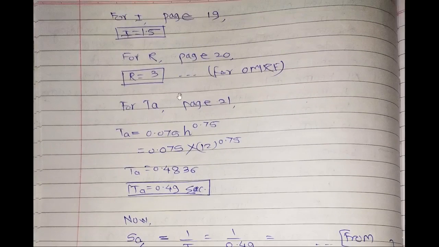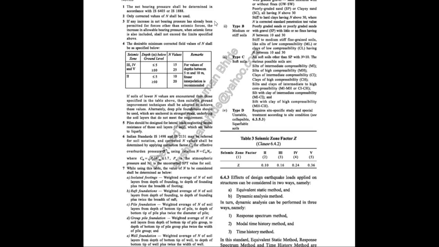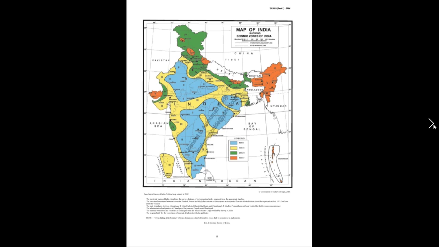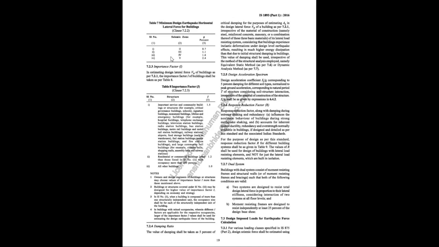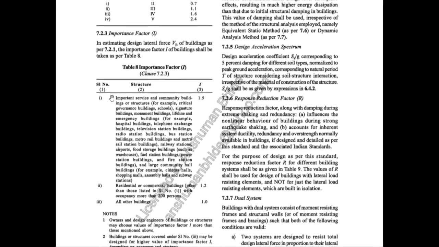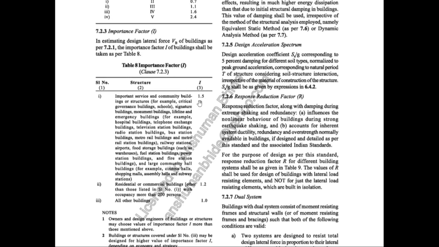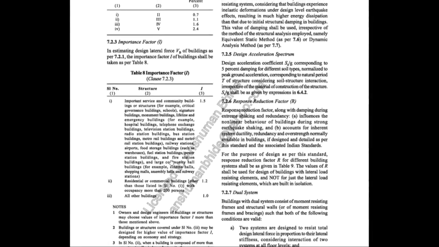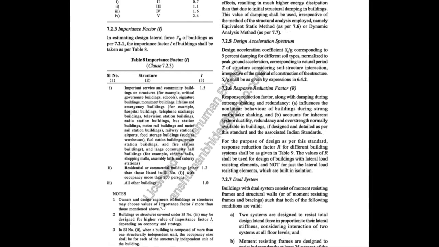Let's see the next step, calculation of I. It is given on page number 19. This is page number 19, and we are going to use I. Here different types of structures are given and we have to choose.